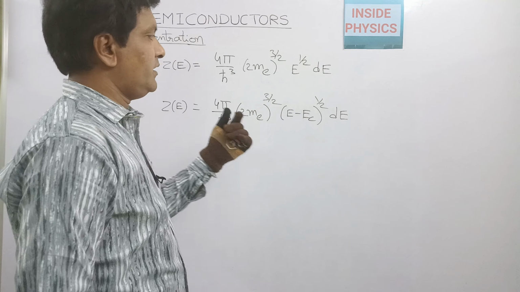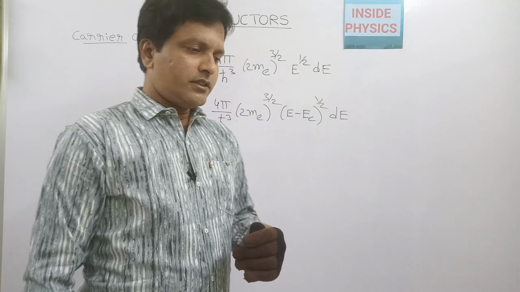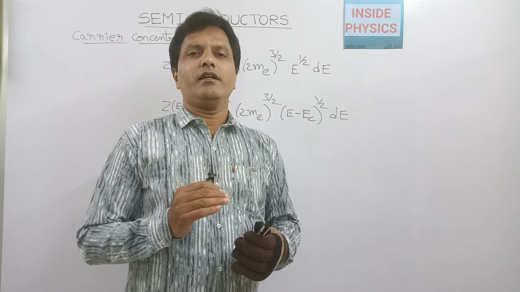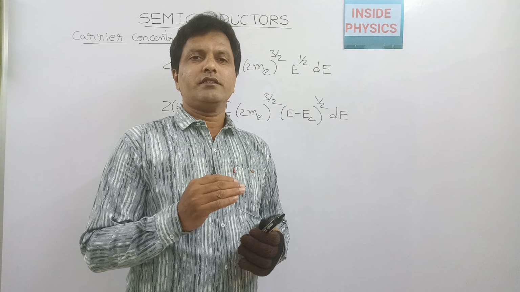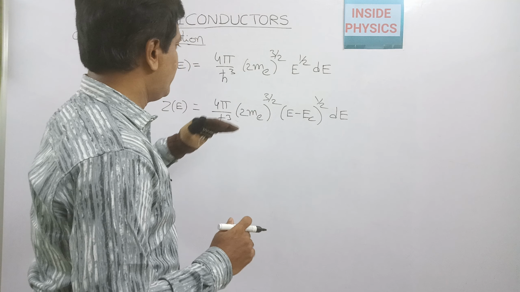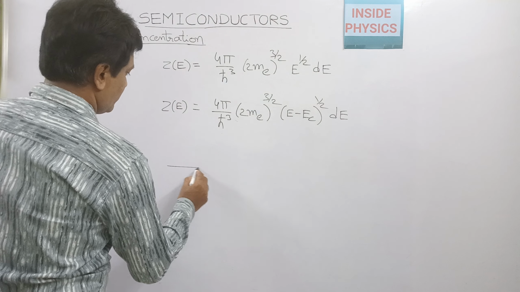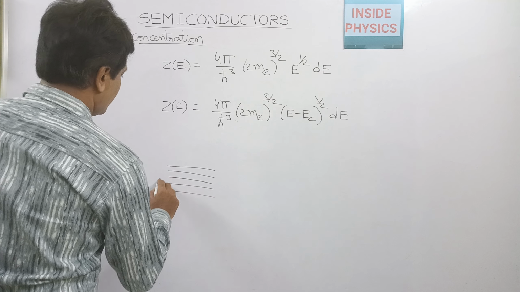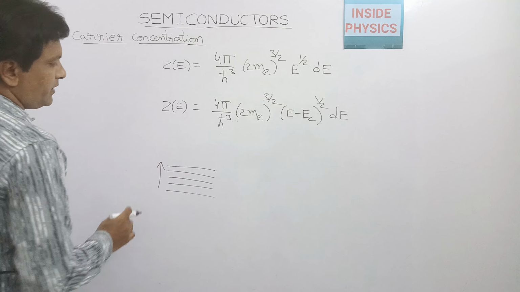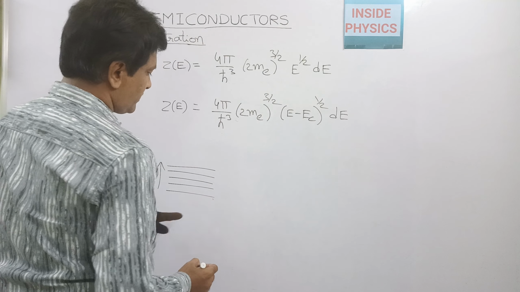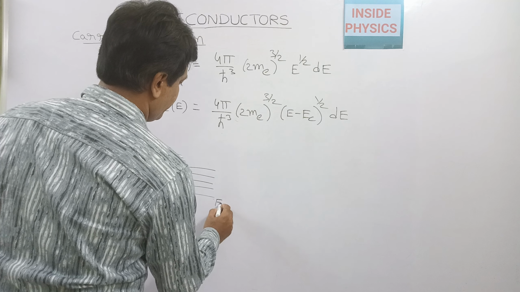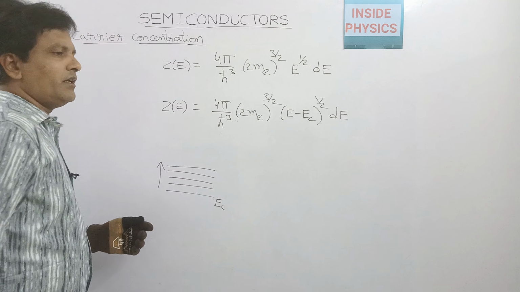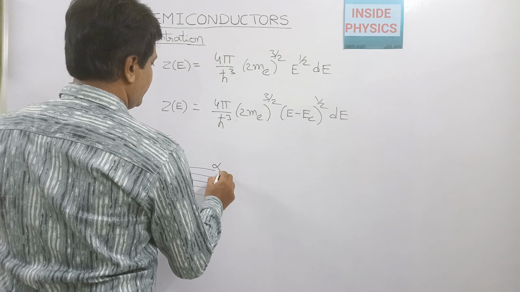In the conduction band, generally the lowest level has the lowest energy, and if you go upwards the energy level will be increasing. We consider the lowest level as E_C, and the upper level we generally consider as infinity.